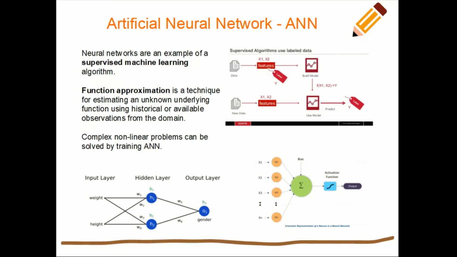In this picture, we are feeding in the input data, which has the input features and labels, and using this input data and the labels we are training the network. This is how the artificial neural network is going to look.